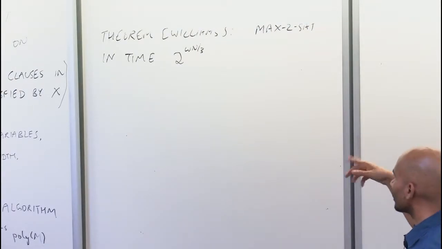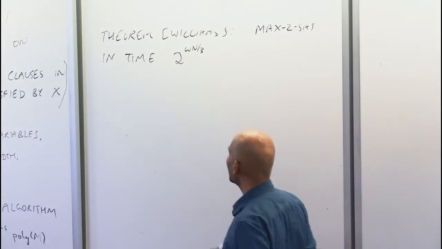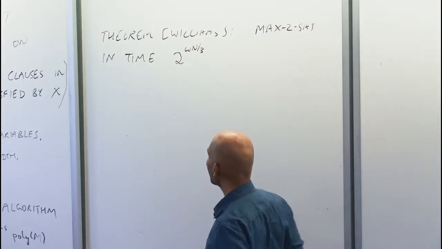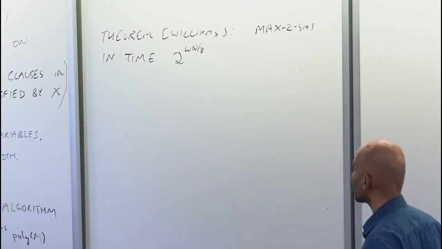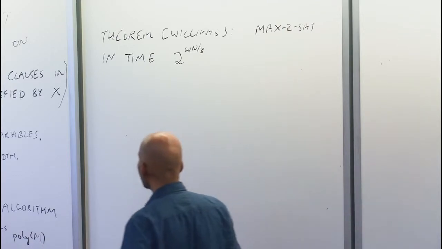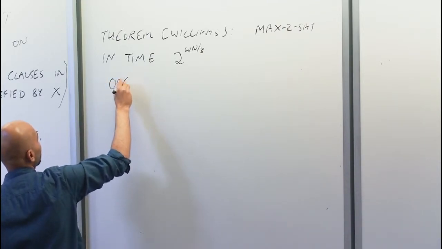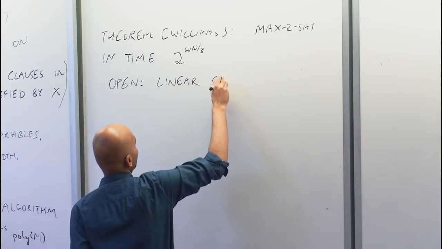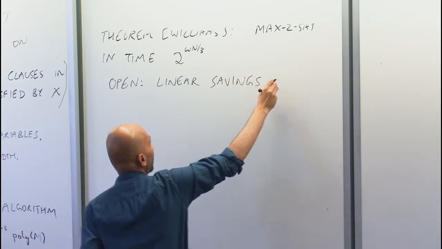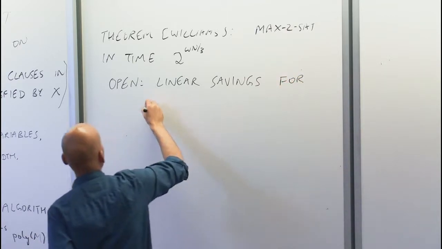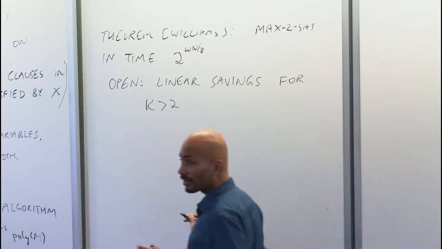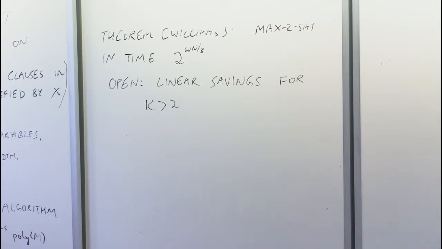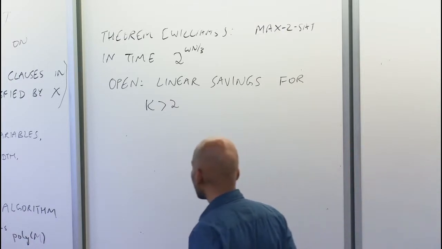In this particular case, it's more intuitive and natural to present the actual exponent rather than the savings, because it's related to the exponent of matrix multiplication. But it's open how to get linear savings for any k that's bigger than 2. So this is one of the major open questions in exact algorithms. So there's a very interesting restriction to get exact algorithms for max k-sat for k bigger than 2, but we don't know how to do that in general with linear savings.